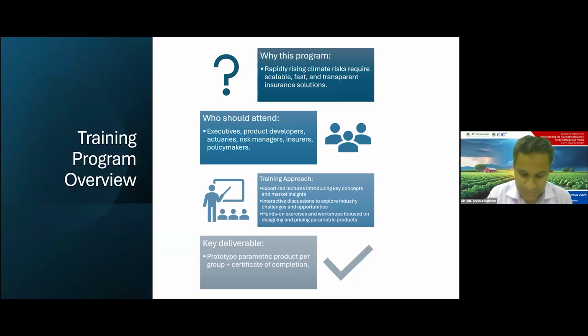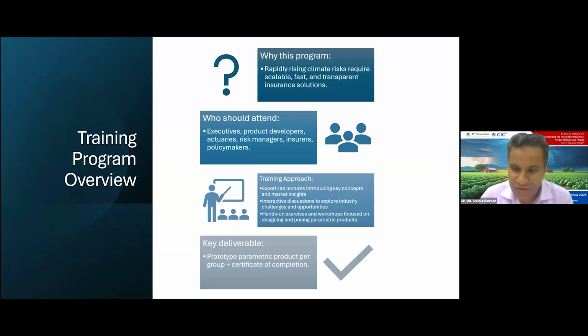And the target audience for this training program, first of all, of course, whoever feels interested. And to be specific, also the insurance executives and product developers who are seeking to expand offerings, the actuaries and risk analysts working on innovative pricing models, professionals in agriculture, energy, logistics, and infrastructure sectors, as well as climate risk managers, policymakers, and financial innovators.